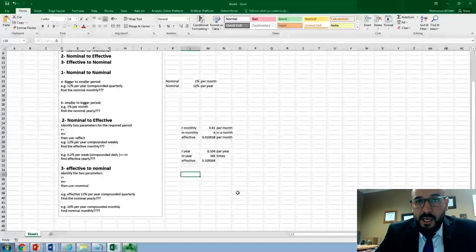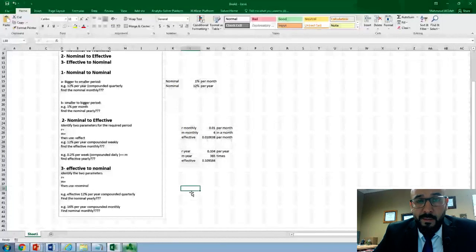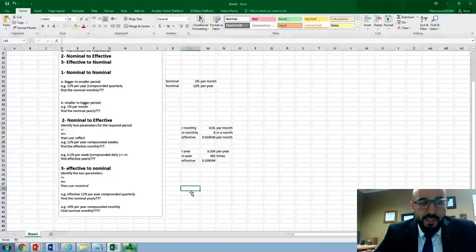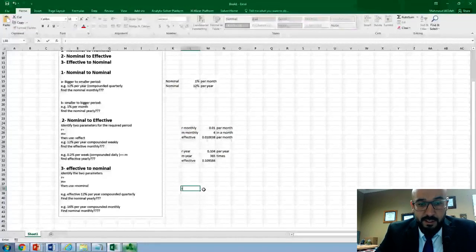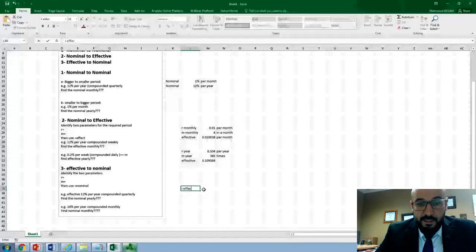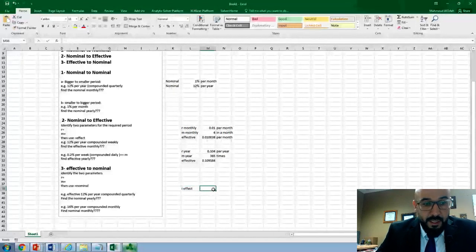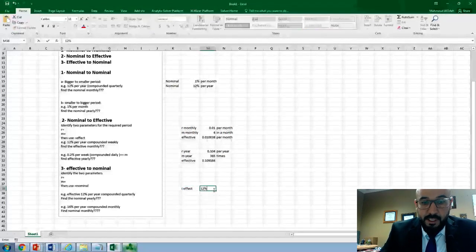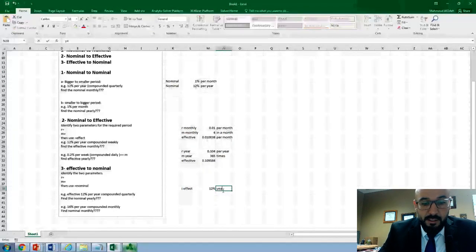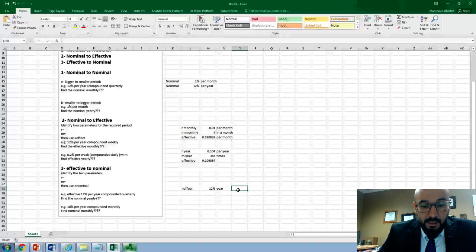So let's take an example. This will clarify how we could calculate the effective to nominal rate. Effective 12% per year. So we're going to write I effective would be 12% per year. Next, and this is compounded quarterly.